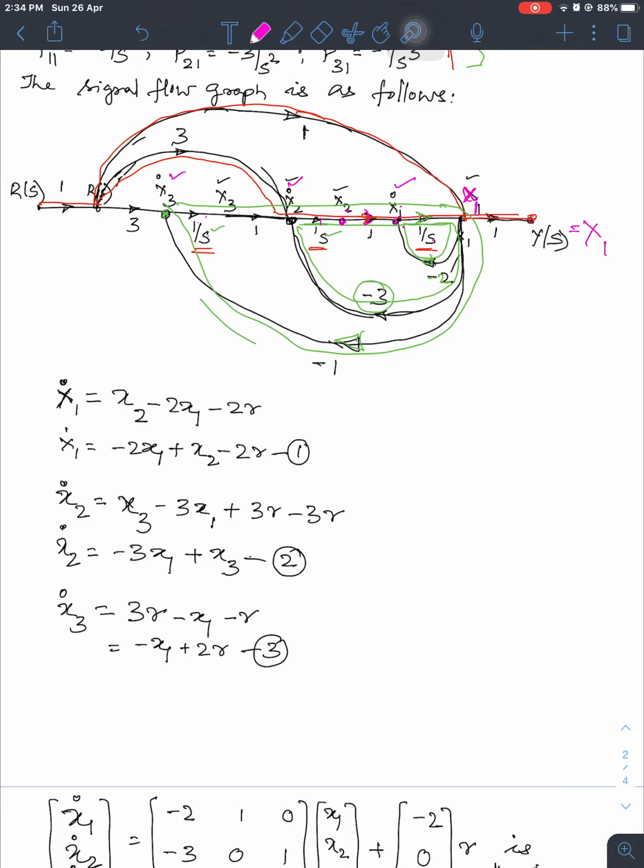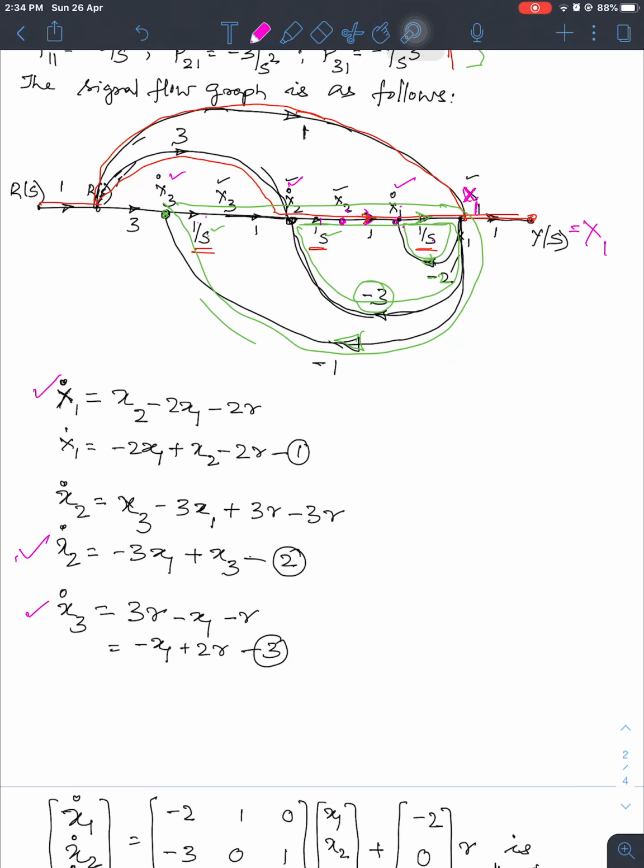So the first state variable itself is the output, and the differential of the state variable is the second state variable x2, that is x1 dot equal to x2, then x2 dot equal to x3. So there ended our definition of state variables. Now all we have to do is obtain equations for x1 dot, x2 dot and x3 dot, right? So we needed equations for these three quantities.